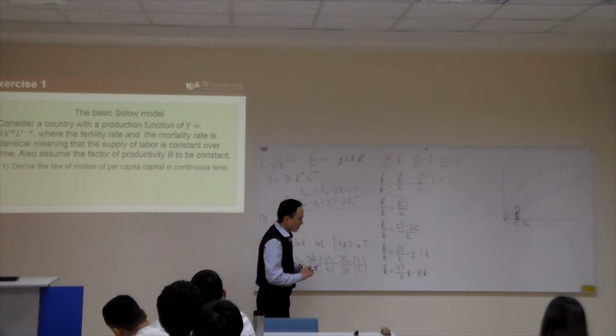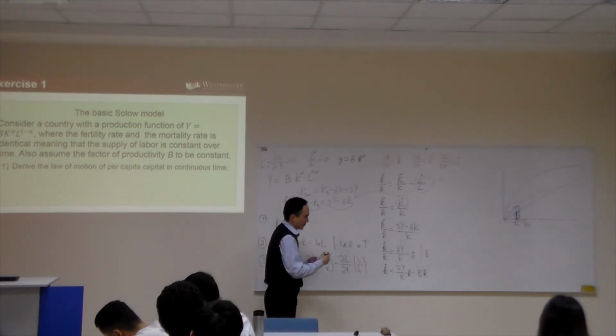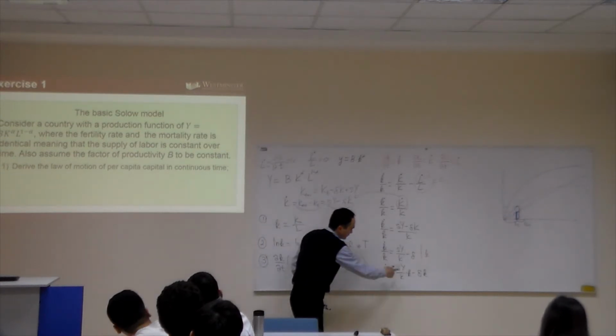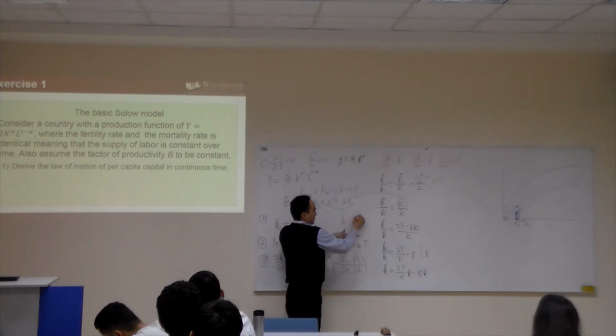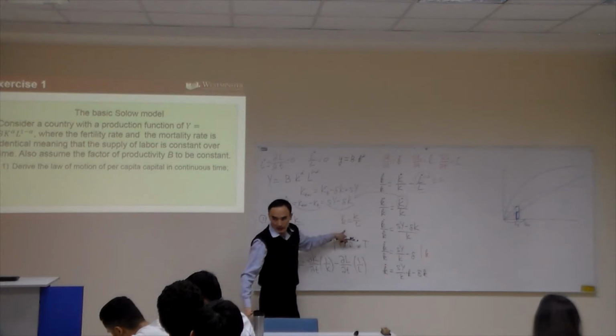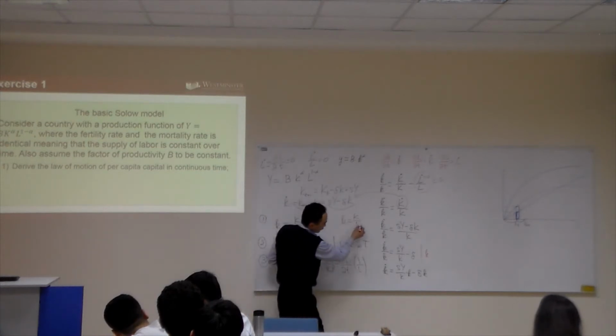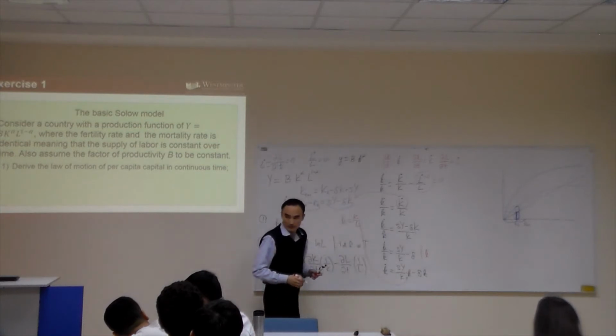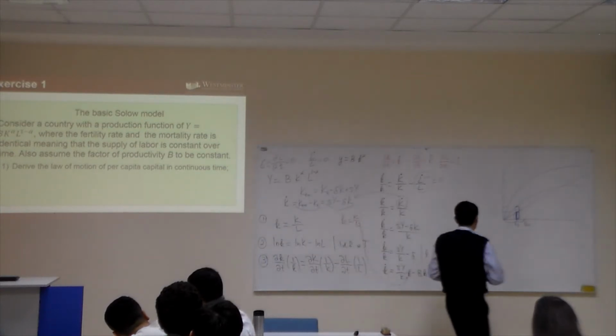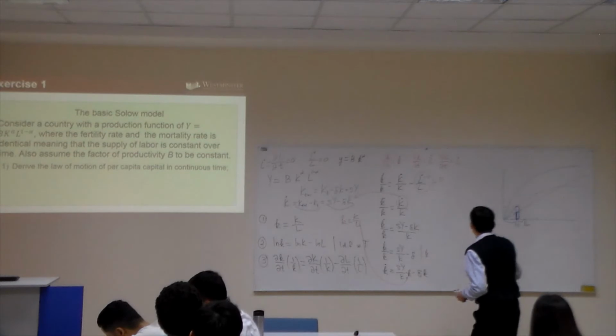Okay? So in here, what should you do? You know that per capita capital is equal to capital stock over labor. So now you have to plug it in here. So why do we do it? Now we'll see.